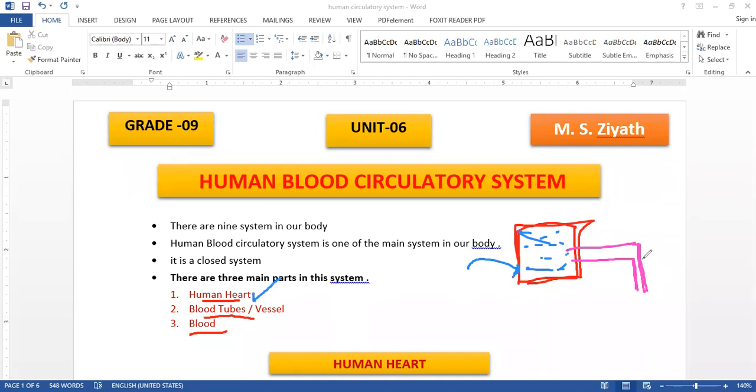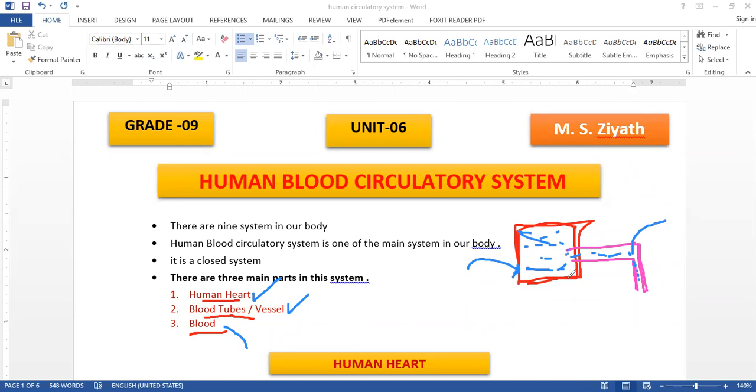The tubes or vessels used with the tank can be considered as blood tubes or blood vessels. And the water passing through them can be considered as blood.